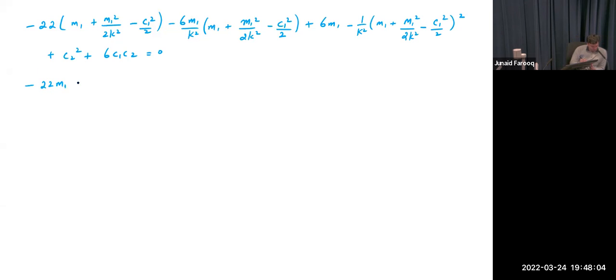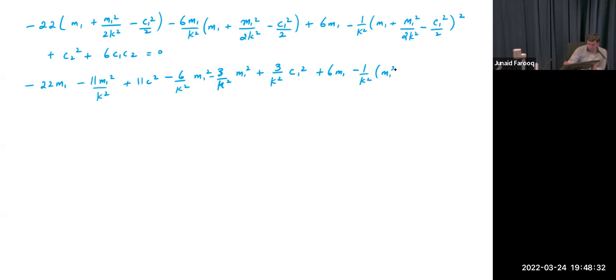So it will be minus 22 m1 minus 11 m1 squared over k squared, minus 6 over k squared m1 squared, minus 3 over k squared m1 squared plus 3 over k squared c1 squared, plus 6m1 minus 1 over k squared m1 squared plus m1 to the power 4.